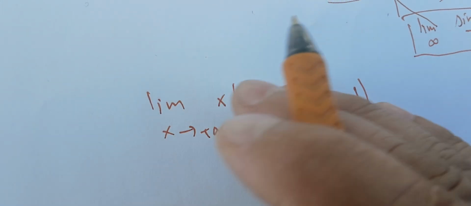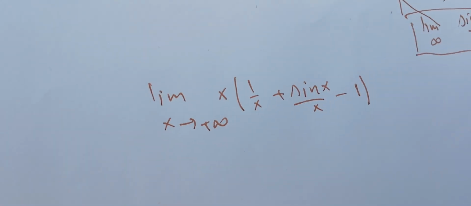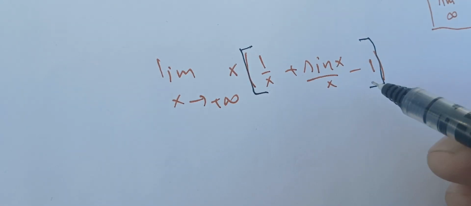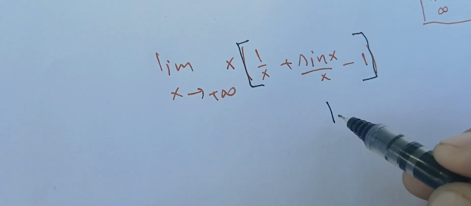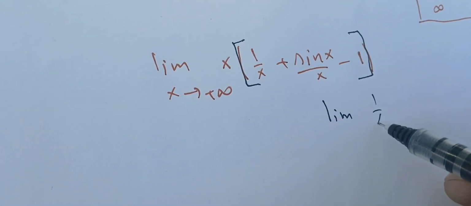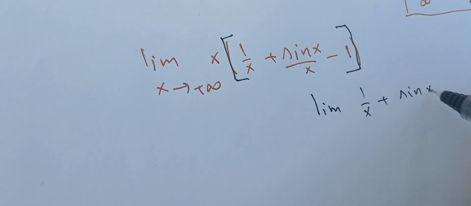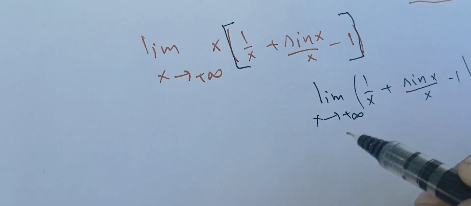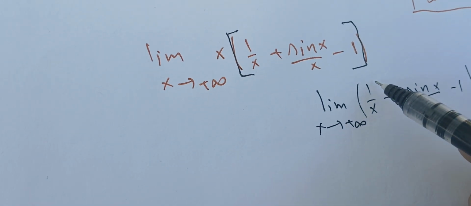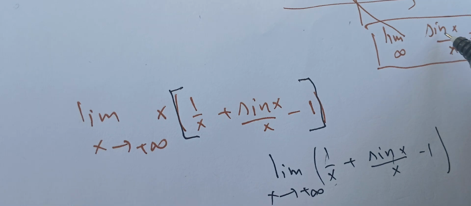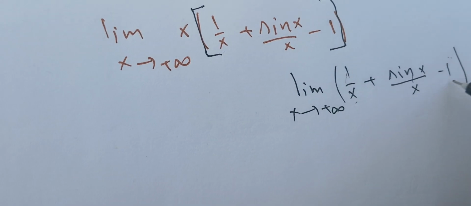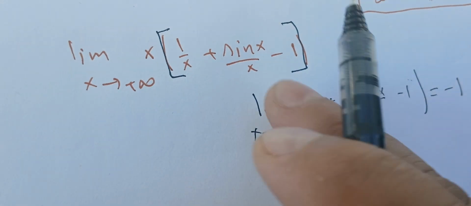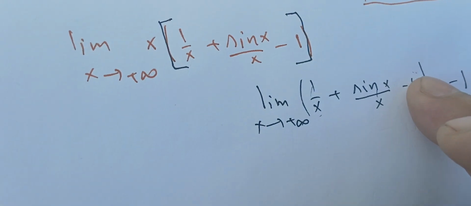Now I need to note some key ideas here. Let's look at this limit: 1 over x plus sine of x over x minus 1, as x goes to plus infinity. This is 0 as we said earlier, and this is 0 too, but this one is minus 1. So the limit between the brackets is minus 1.